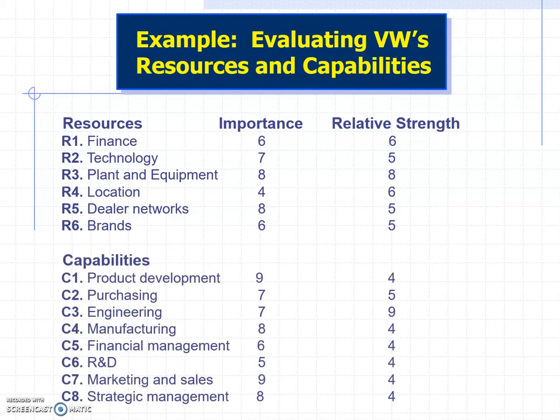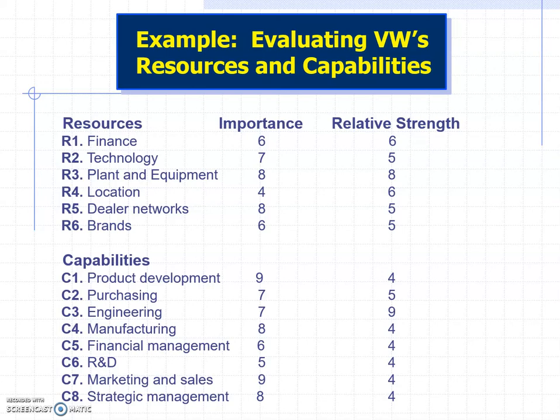In terms of capabilities, we have product development, purchasing, engineering, manufacturing, financial management, R&D, marketing and sales, and strategic management. Among those, the two most important are product development and marketing and sales, manufacturing coming in and strategic management coming in close second.